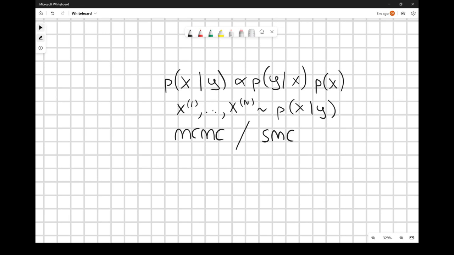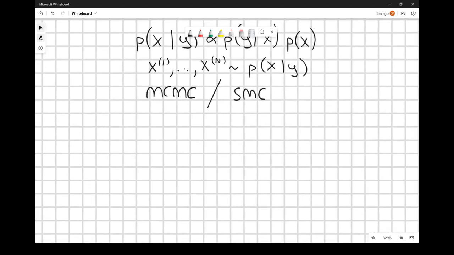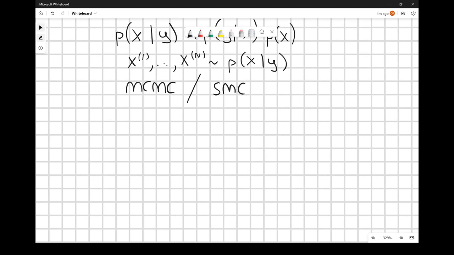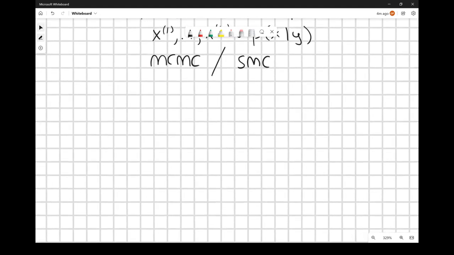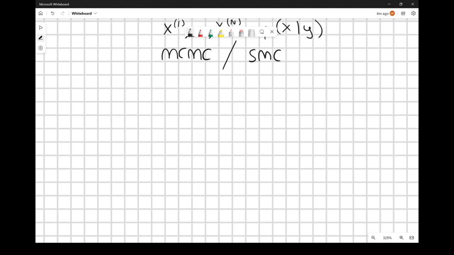And of course, other samplers are available. So the geometry of the posterior distribution can make this difficult. So we're going to look at two ways in which that can happen.